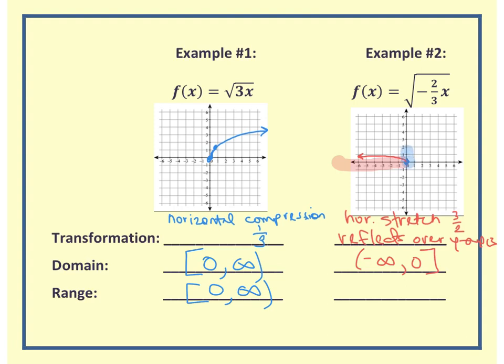And how high is the graph going to go? Well, it's going to continually go up forever. So my lowest y value is 0. My highest is infinity. So what we've noticed so far is that a can affect your range, b can affect your domain, and the only time it affects it is if those values are negative. If those values are positive, they do not affect your domain or range at all.